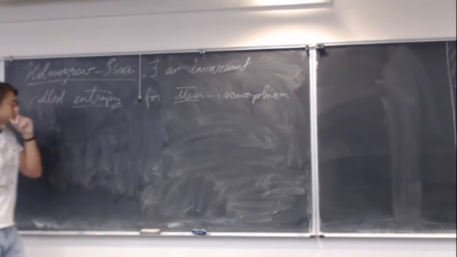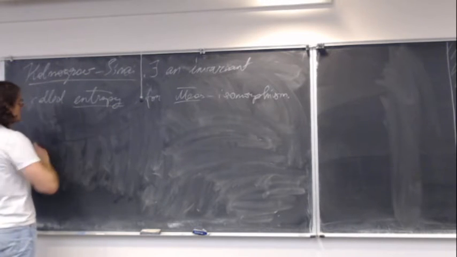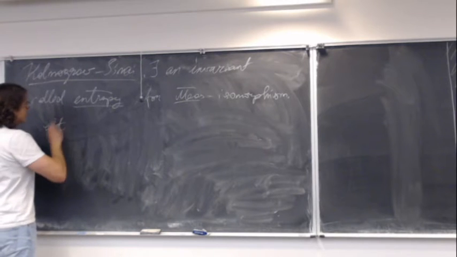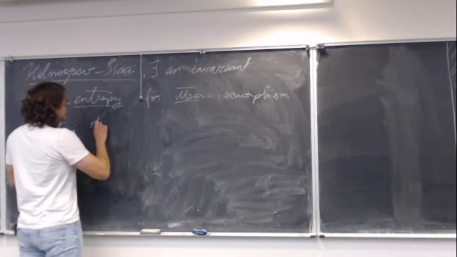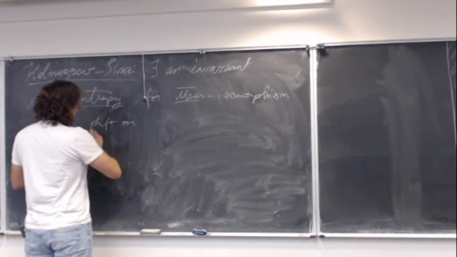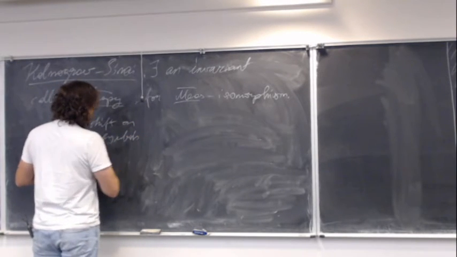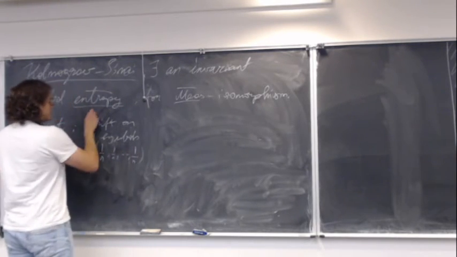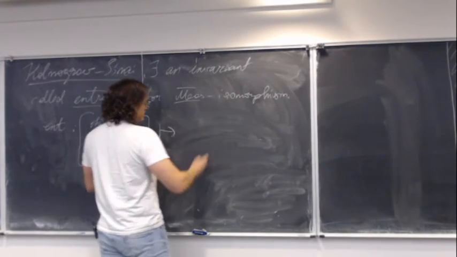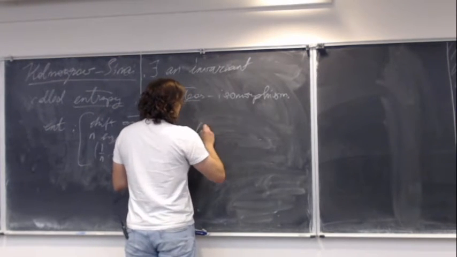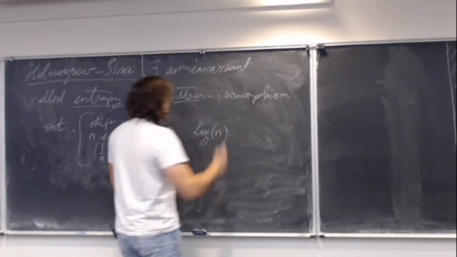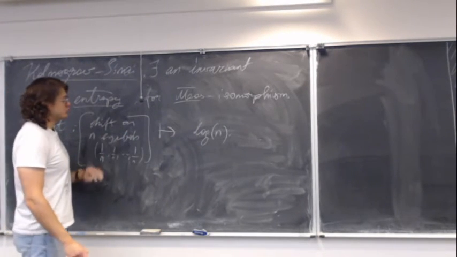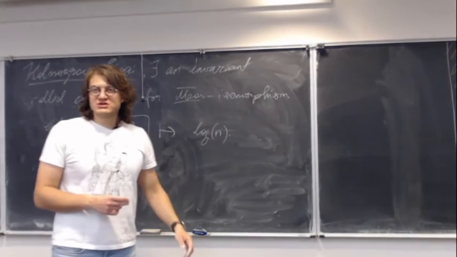And that invariant associates to the shift on n symbols with uniform probability the number log n. In particular, the shift on 2 symbols cannot be isomorphic to the shift on 3 symbols.